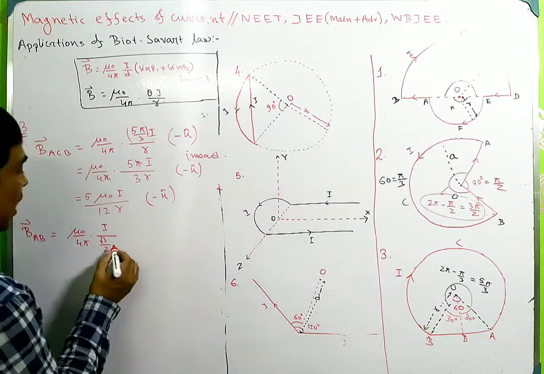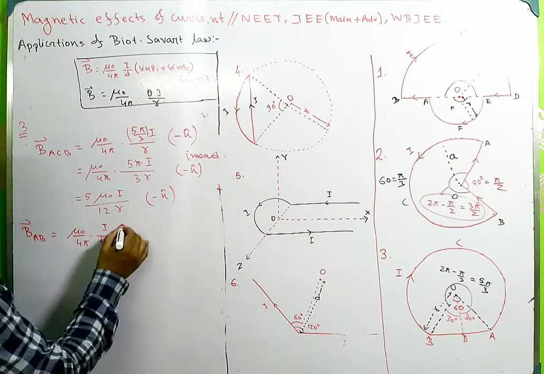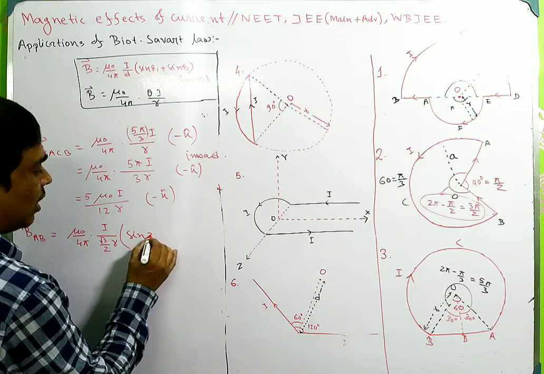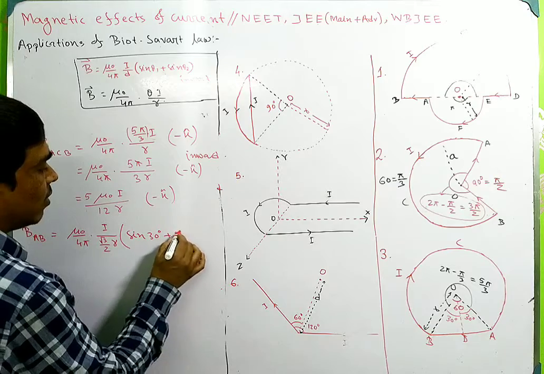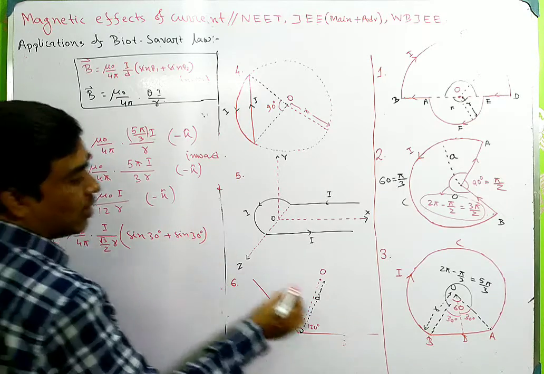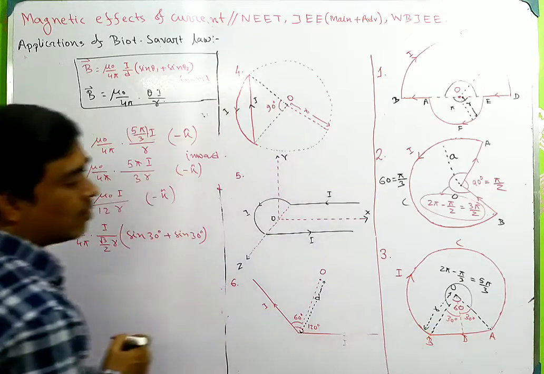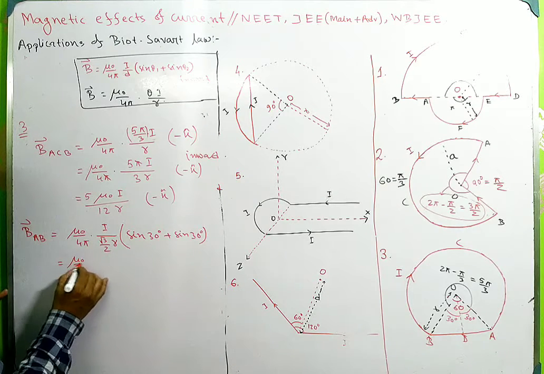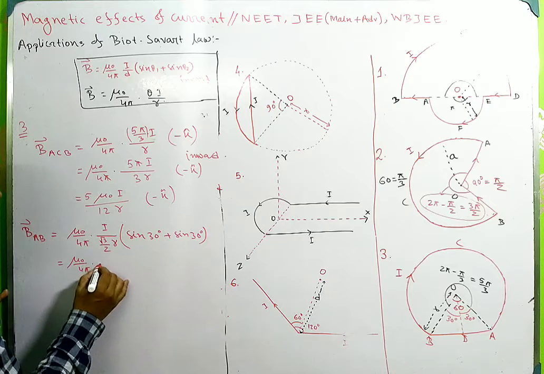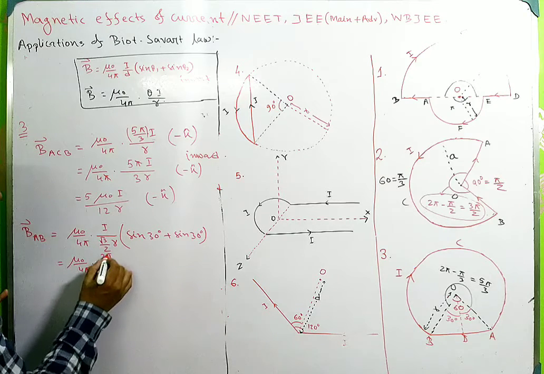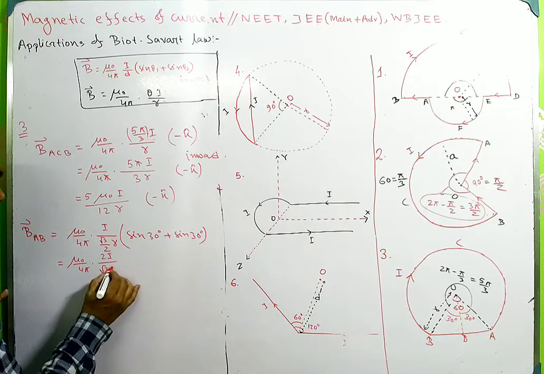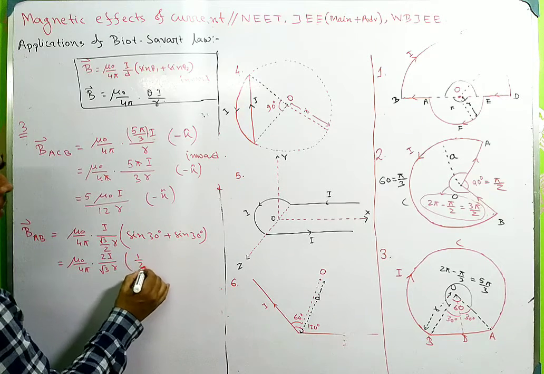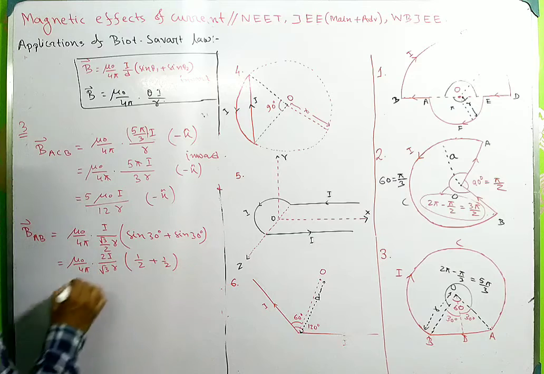The side of the triangle is R. So this is R into, it will be sine 30 degree plus sine 30 degree. So it will be mu 0 by 4 pi into 2I divided by root 3 R. This is 30, that means half plus half. So it will be 1.